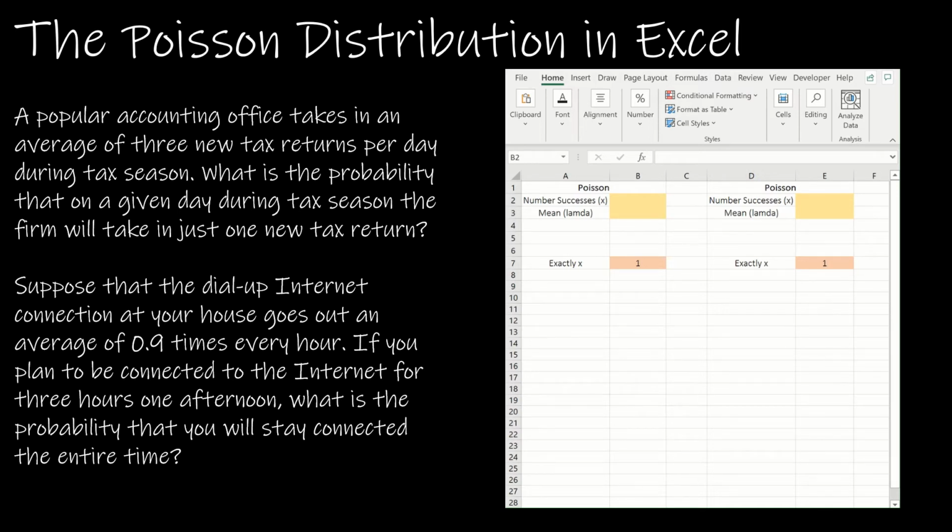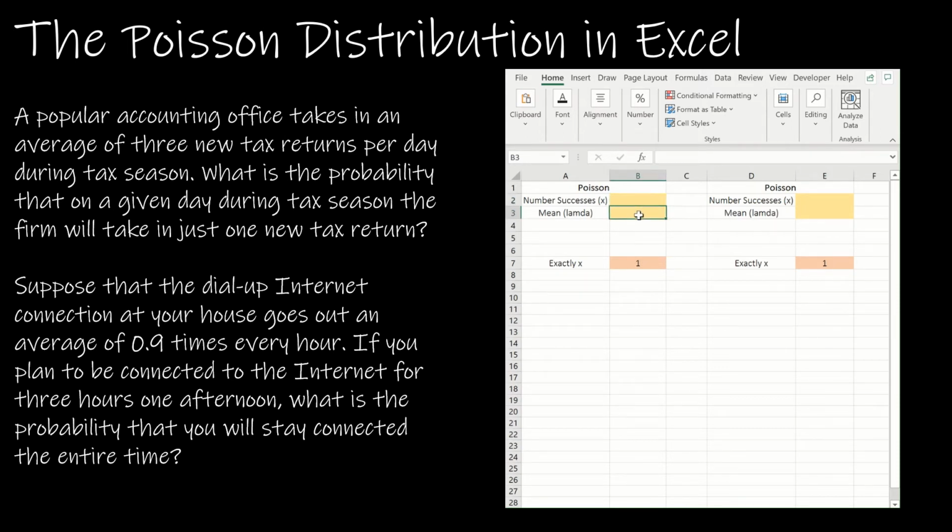For the first, we say that the accounting office takes in an average of 3 new tax returns per day during tax season. What's the probability that on a given day during tax season, the firm will take on just 1 new tax return? For this one, we don't have to do anything crazy to find the mean. We know that on average, there's 3 new tax returns per day.